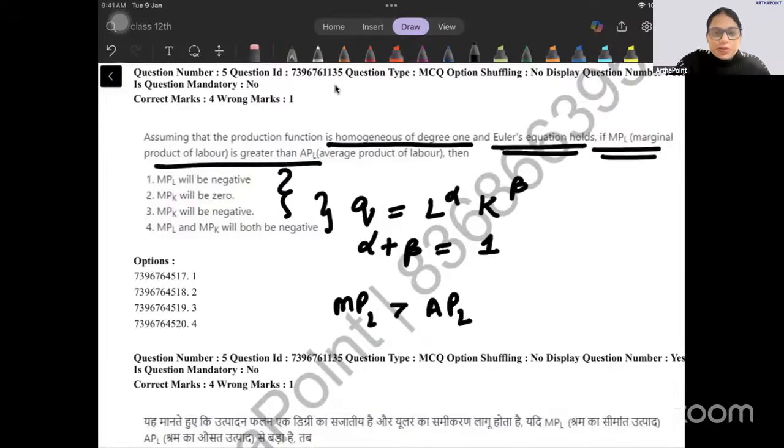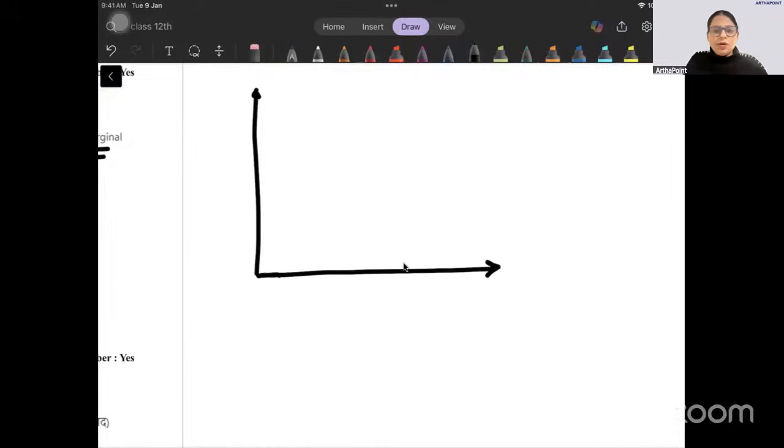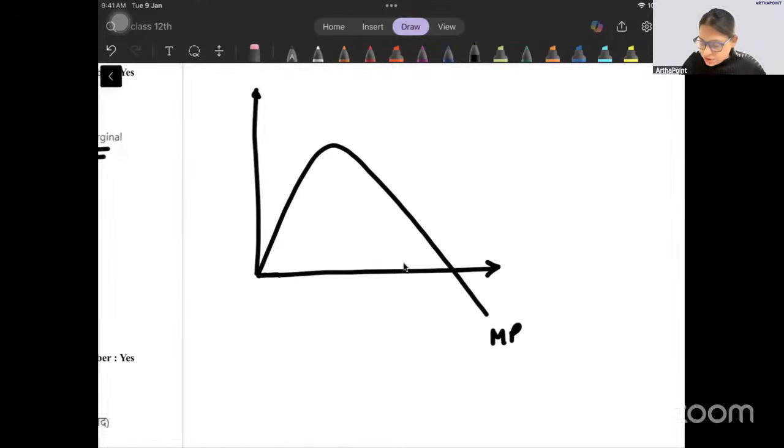So for this, we can go ahead and make a graph, right? And we can see first how the functions look. If I just generally speak of the relation between MPL and APL, if this is my marginal product of labor, this will be my average product of labor, right?